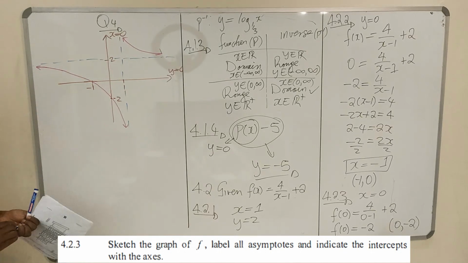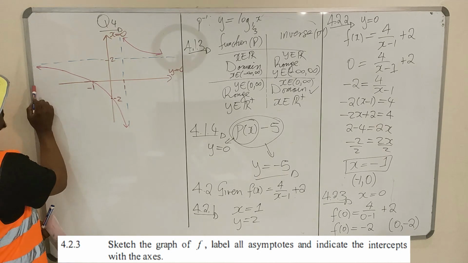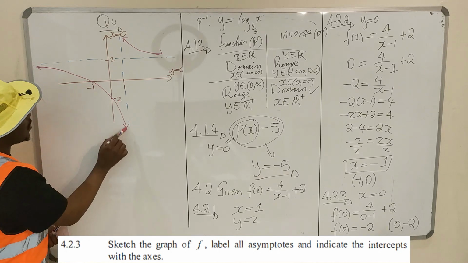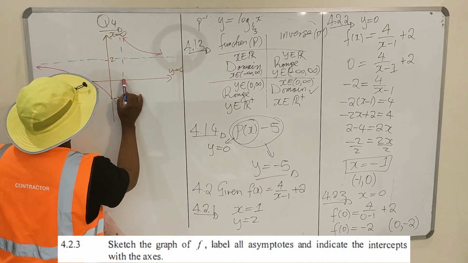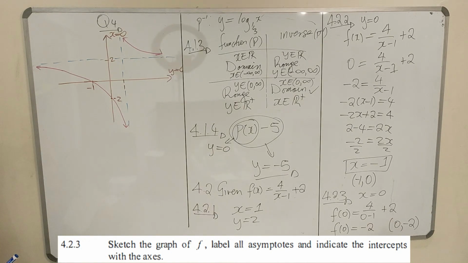Is this function increasing or decreasing? It is decreasing, because as you increase the x value, the y value goes down. Even if you continue this side, the y value goes down. So this function is decreasing all the time.